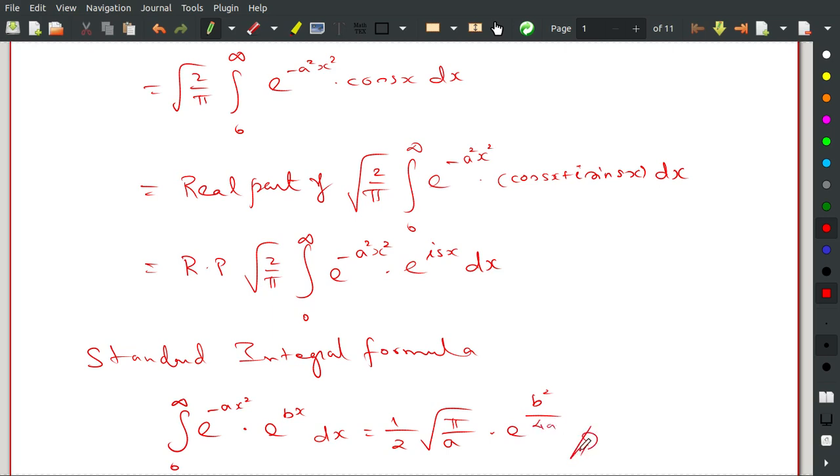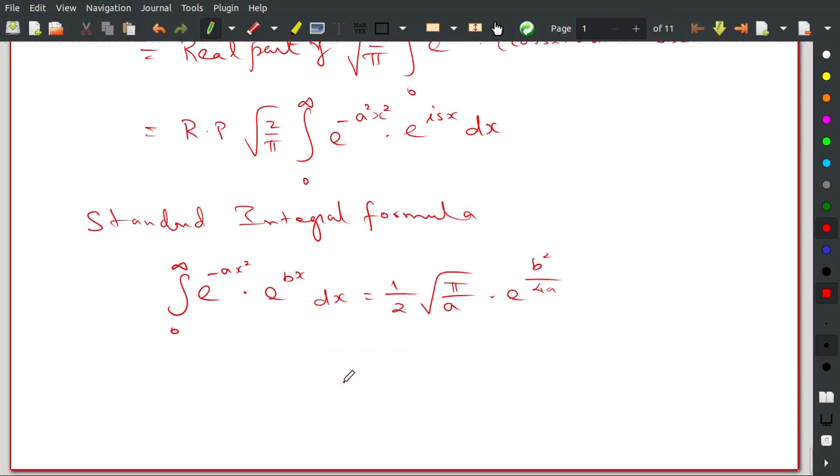Okay, so this is a standard integral, so we have to use this here, and instead of b we have is. Therefore, let's continue. The real part of root 2 by pi, so this integral can be written as 1 by 2 root pi by a, because a and a match, and instead of b we have is, therefore e power (is) the whole square divided by 4a, right?